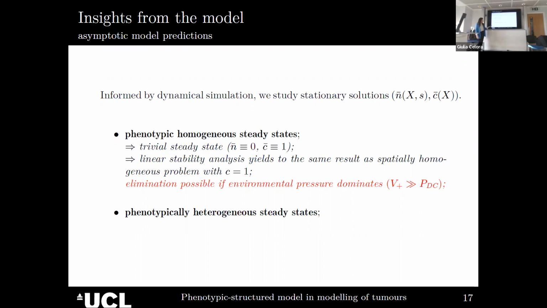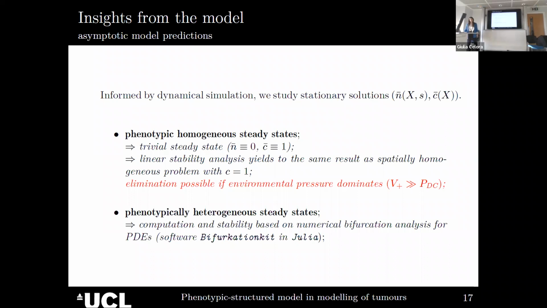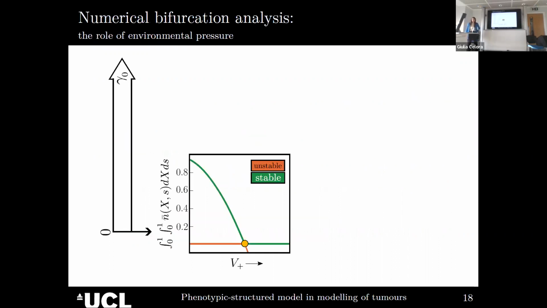Now we have also phenotypically heterogeneous steady states, and again we use computational approaches to compute their form and their stability. So if gamma naught is equal to 0, there is no consumption of oxygen. Oxygen is 1 everywhere.